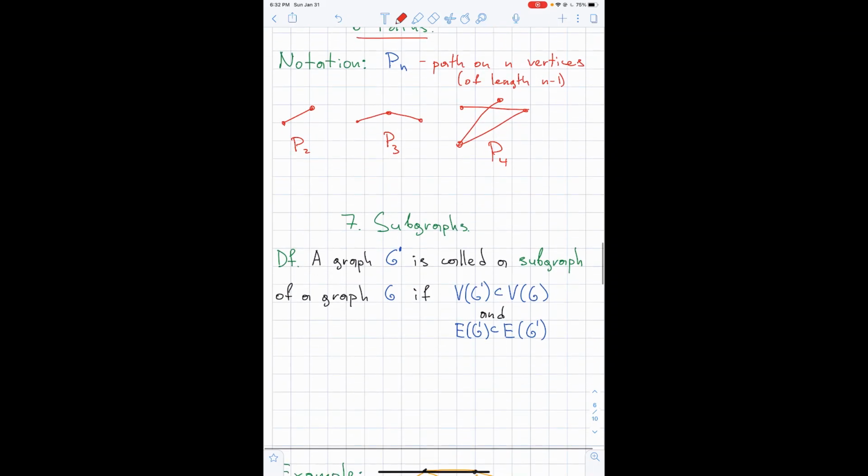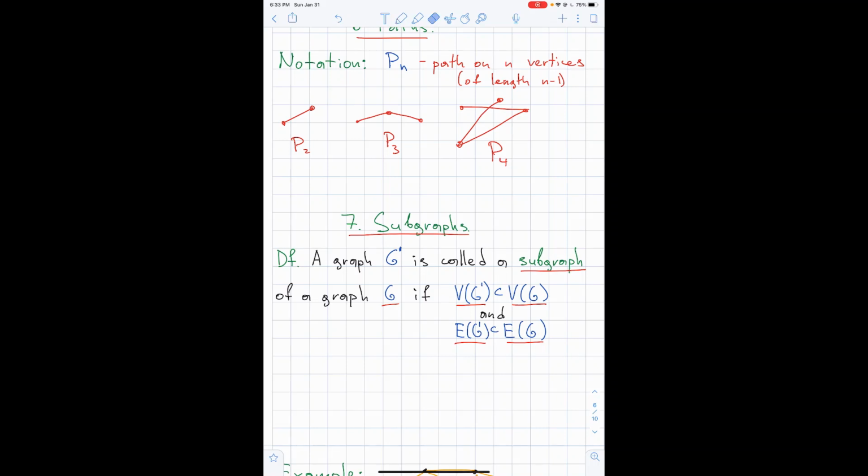And so on. Now, the next thing I want to talk about is subgraphs. If you have a graph, then we can talk about subgraphs inside that graph. A graph G prime is called a subgraph of a graph G if we have two conditions: the set of vertices of G prime is a subset of the set of vertices of G, and the set of edges in G prime is a subset of the set of edges of G. Here I had a typo.